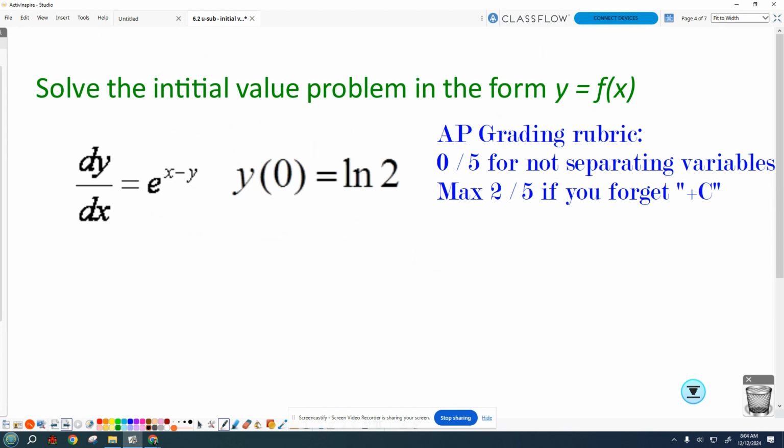The hard step in this one is separating the variables. How do you pull them apart? Okay, so it's easier to do the drawing when you write it down.